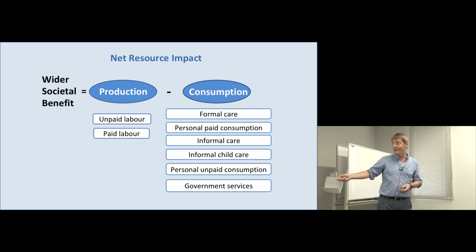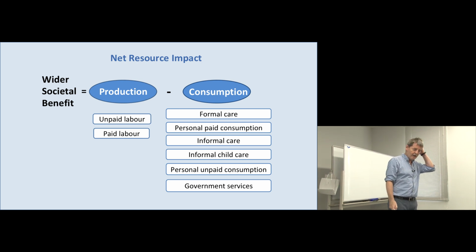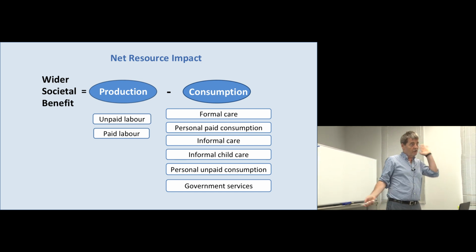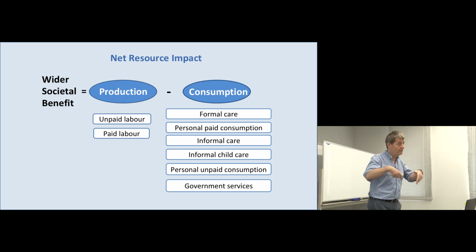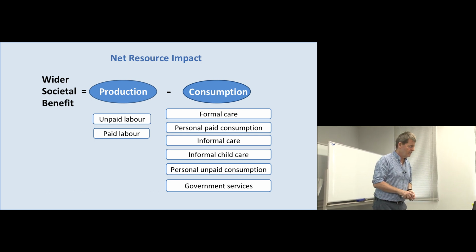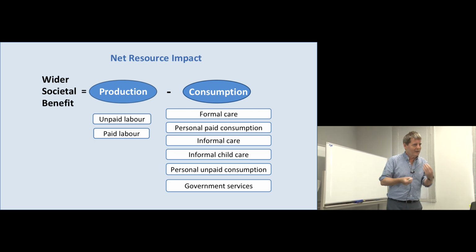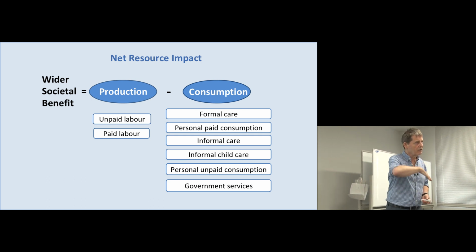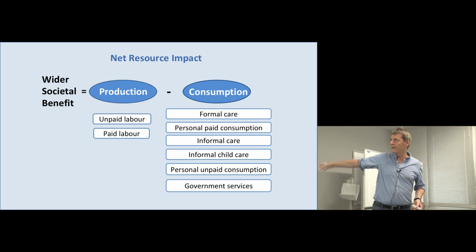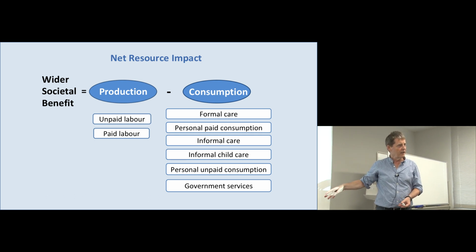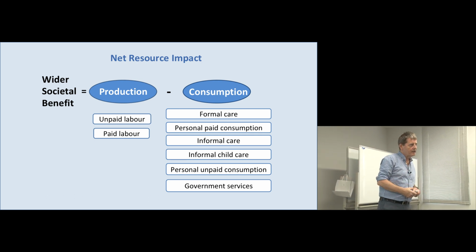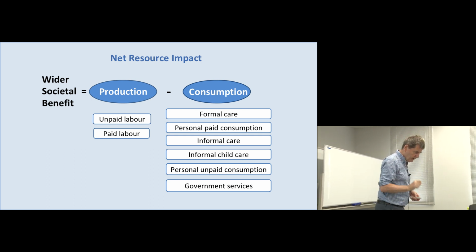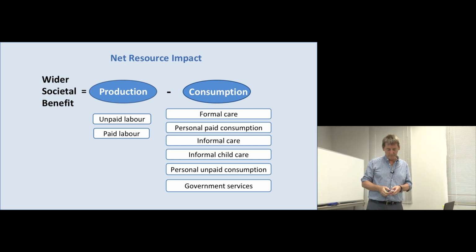Maybe the consumption of other government services might go down. And informal care might go down as well, because one of the biggest sources of care for sick people is informal: family, neighbours, friends. And so perhaps you begin to get the idea here. The QALY looks at survival and change of health state, and doesn't capture any of this really. There are wider societal benefits that are missing, and they could be summarised through this difference between production and consumption.